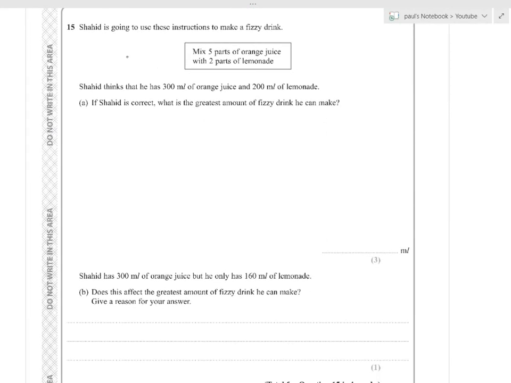Right, Shahid is going to use the instructions to make fizzy drinks. 5 parts orange, 2 parts lemonade. He thinks that he has 300 mils of orange and 200 lemonade. Is he correct? What's the greatest amount of fizzy drink he can make? Well, we've got juice and lemonade is 5 to 2.